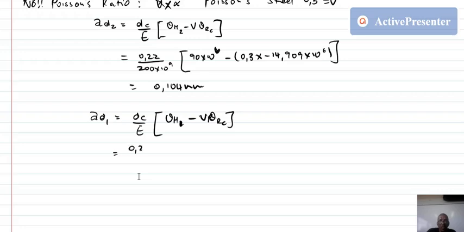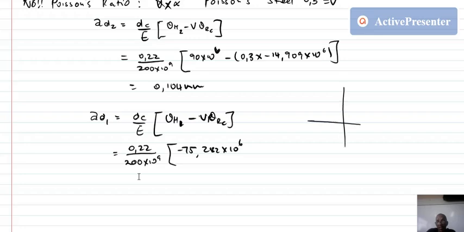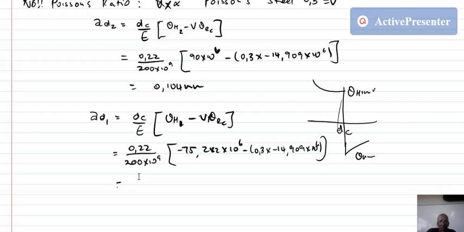Therefore, we have 0.22 divided by 200 × 10^9 into minus 75.282 × 10^6, because for the inner we consider the minimum and maximum on that line, at the common diameter at D. So we say minus 0.3 multiplied by minus 14.909 × 10^6.